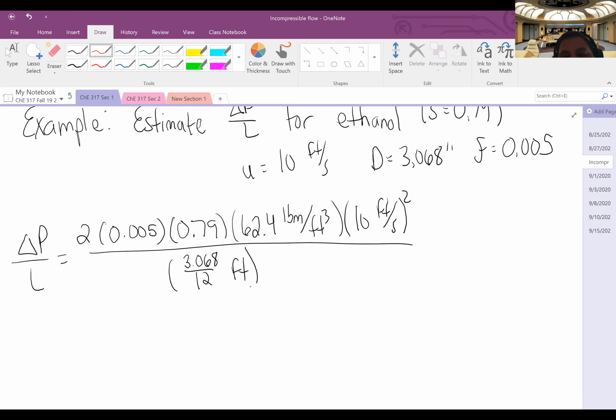Now, if we do this and we look at our units, what we're left with is pound mass per feet squared second squared. So we're going to have to do some unit conversions.